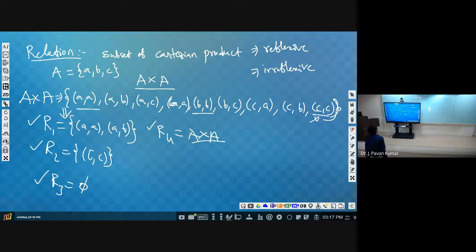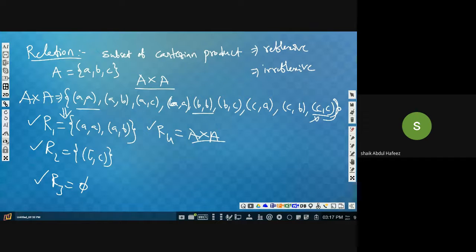Why? Because we don't have A comma A and B comma B, and it is not irreflexive as well. Why? Because we have C comma C. So a relation can be both not reflexive and not irreflexive. Now consider the other way: can we have a relation both reflexive and irreflexive? No, sir. No, that is not possible.